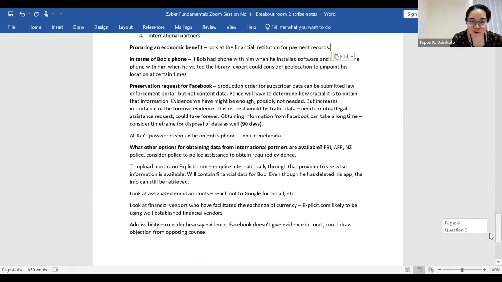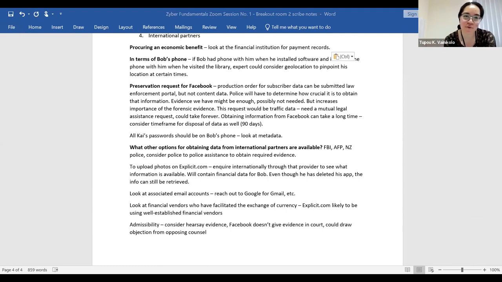Sorry, guys, if I miss any points that you guys made. My notes are a bit messy, so we will tidy them up and circulate to the class afterwards. That was also an interesting point in terms of international cooperation.